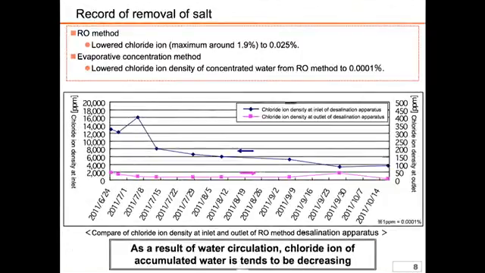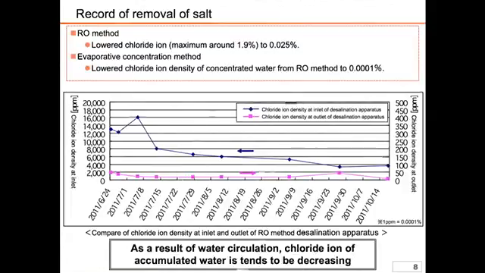The last slide shows the capacity of salt removal. The RO membrane system and the evaporative concentration system have a capacity to reduce chloride ion to 0.025% and 0.0001% respectively.